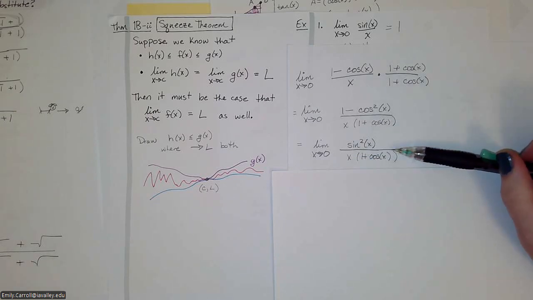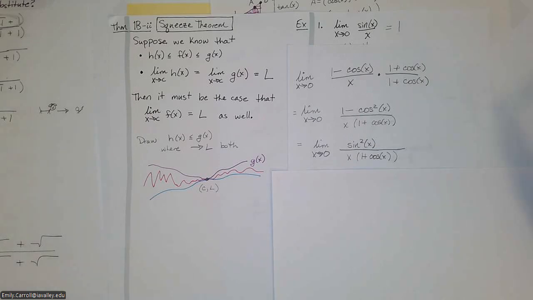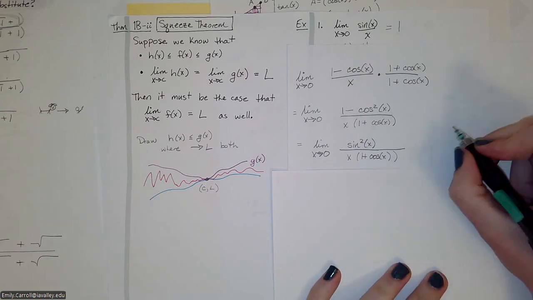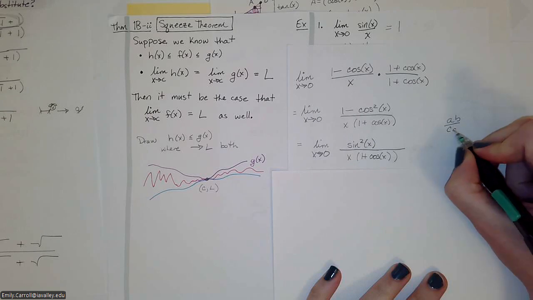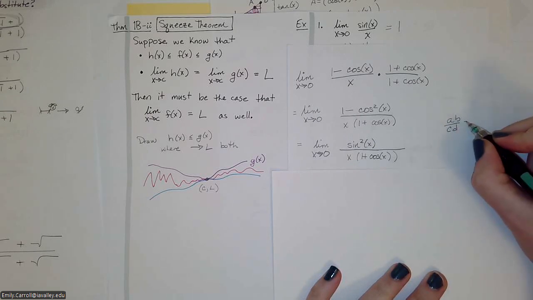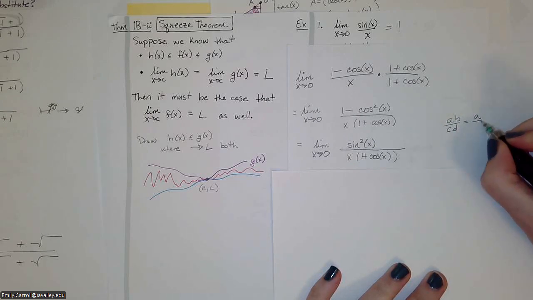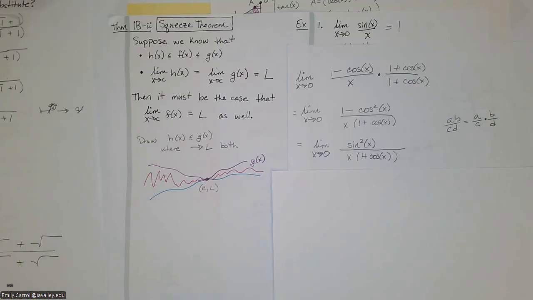So I'm going to break up this fraction here, knowing the way that multiplication works. Okay, before I show what that looks like, think about this. If I had AB over CD, I could write that as A over C times B over D, right?